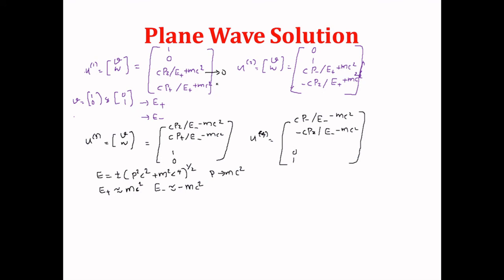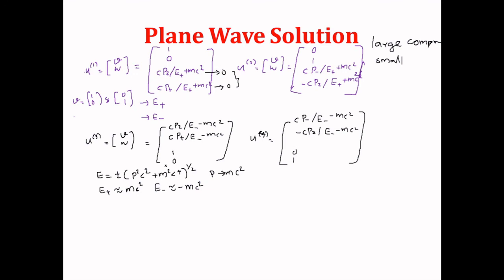So as we decrease P, the third and fourth components of U1 and U2 become 0, whereas the first and second components remain the same. Therefore, the first and second components together are often referred to as large components, and the third and fourth components are referred to as small components.